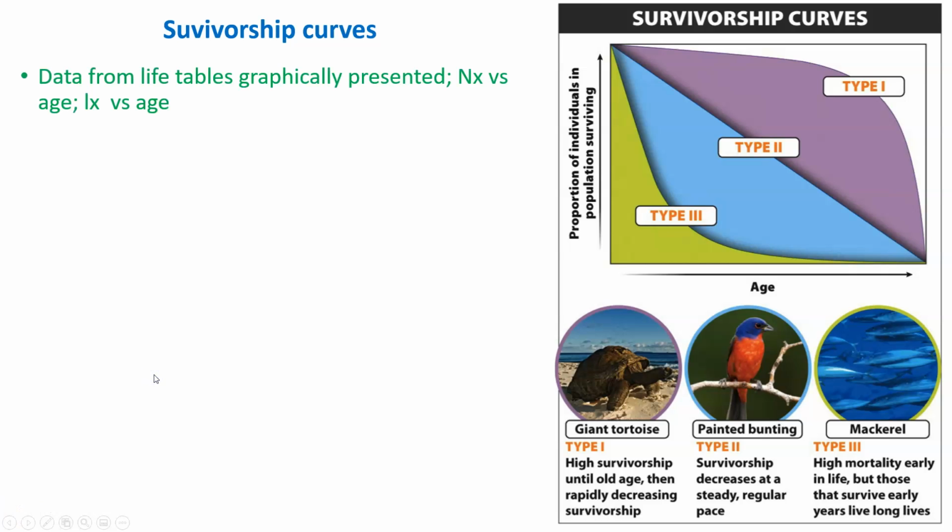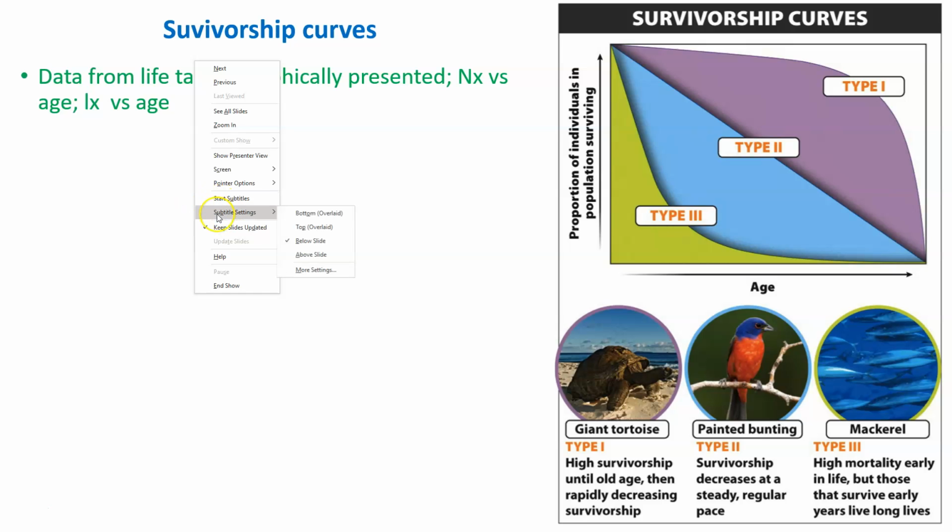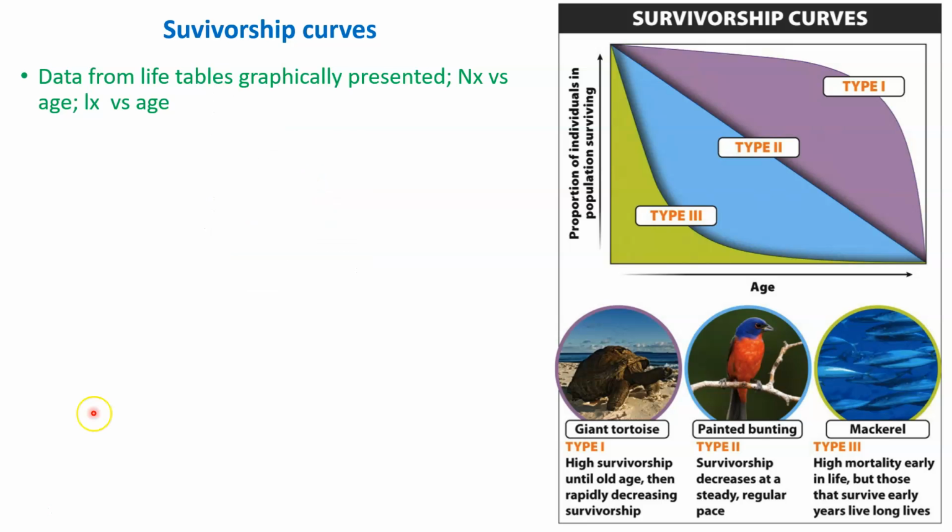Okay, let's talk about what you do with life tables. Well, you know the answer by now with respect to your lab experience. You construct a survivorship curve. So data from the life tables can be graphically represented as survivorship curves.